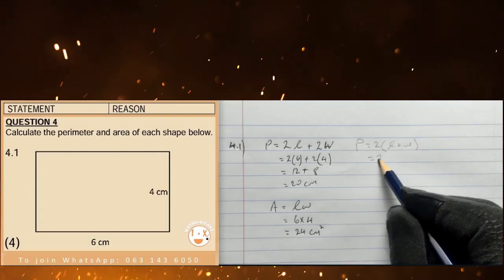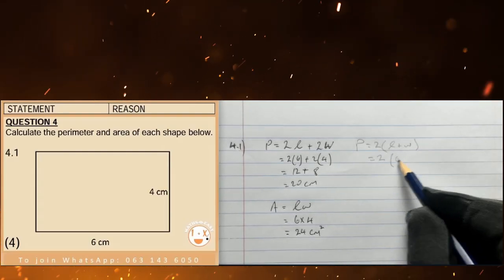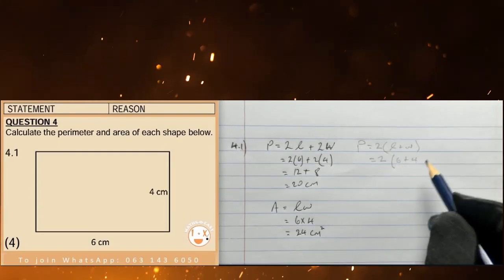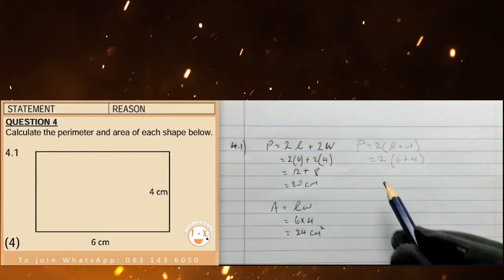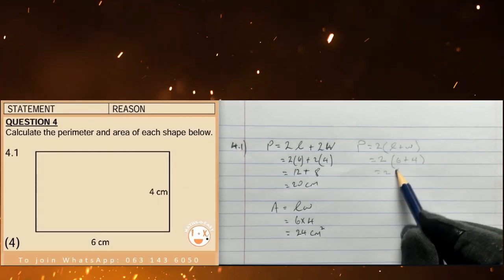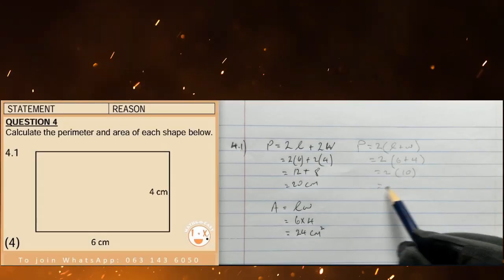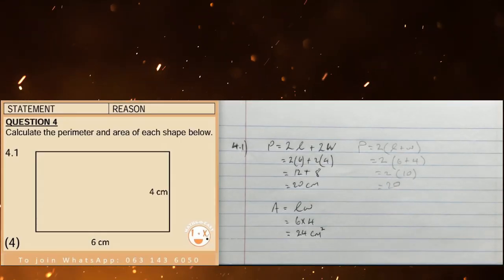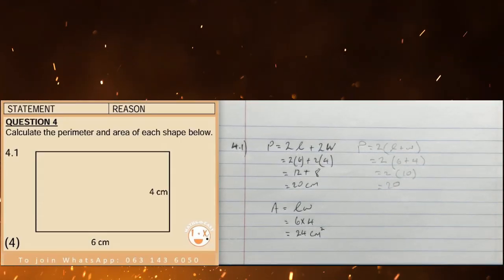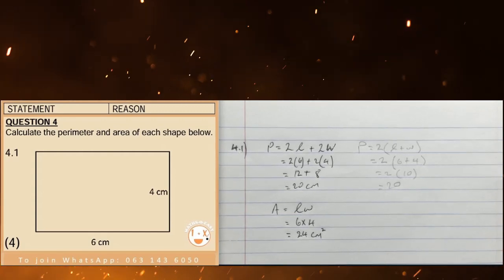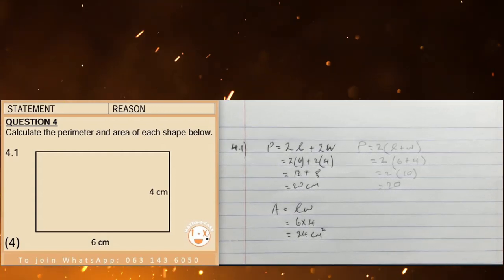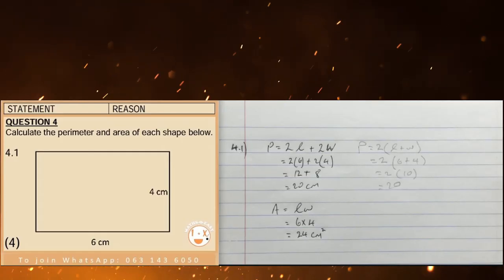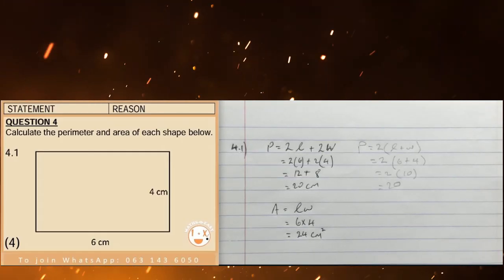So if I have a 2 there, and I have a 6, and then I add a 4, what will I have? I will have 2 and 10. I will have a 20. Made so easy like that. This one doesn't need any rocket science. It's straightforward, isn't it?